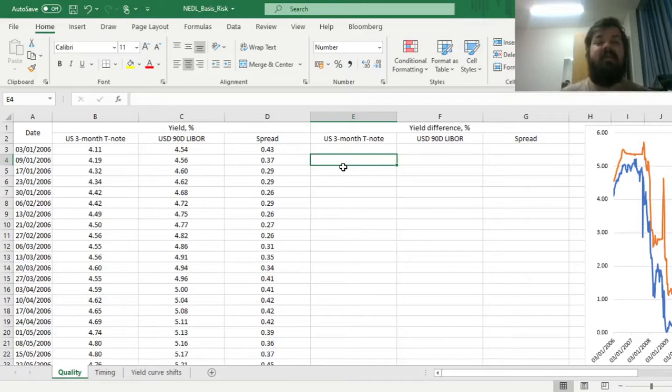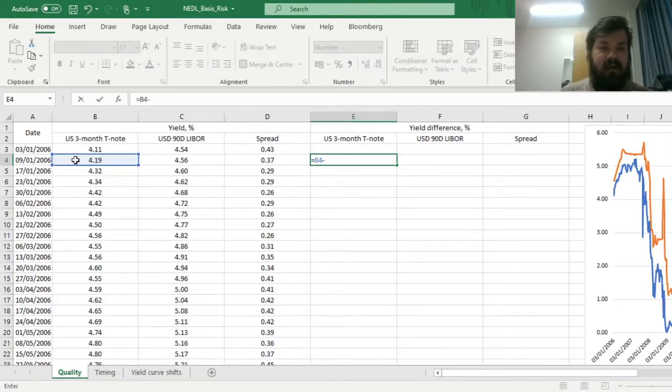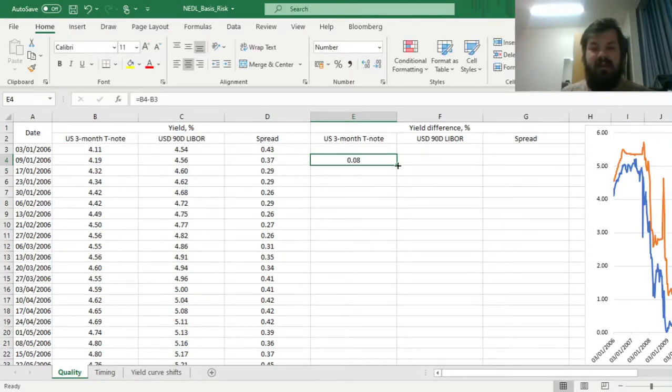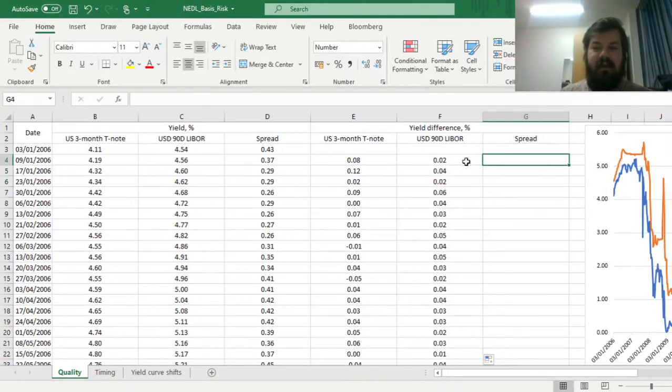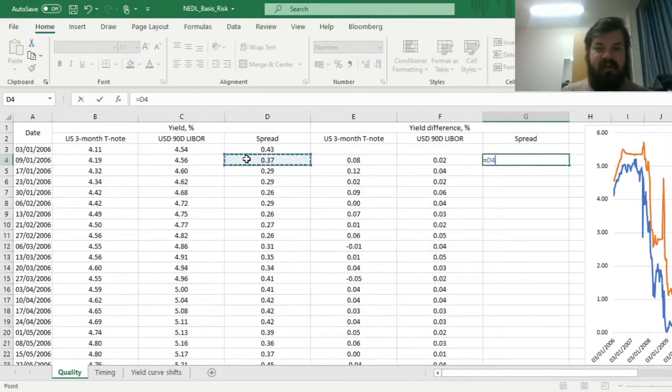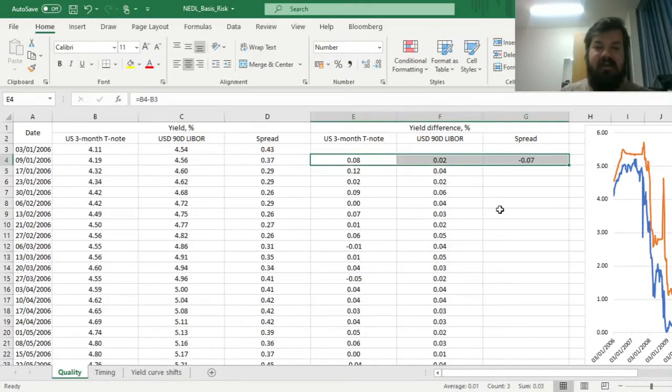And to investigate it, we can calculate the yield differences week to week. So here we just subtract the yield last week from the yield this week, and the interest rate LIBOR as well. And we also calculate the same difference in terms of the spread. So here, for example, in the first week, we can see that both rates moved in the same direction.